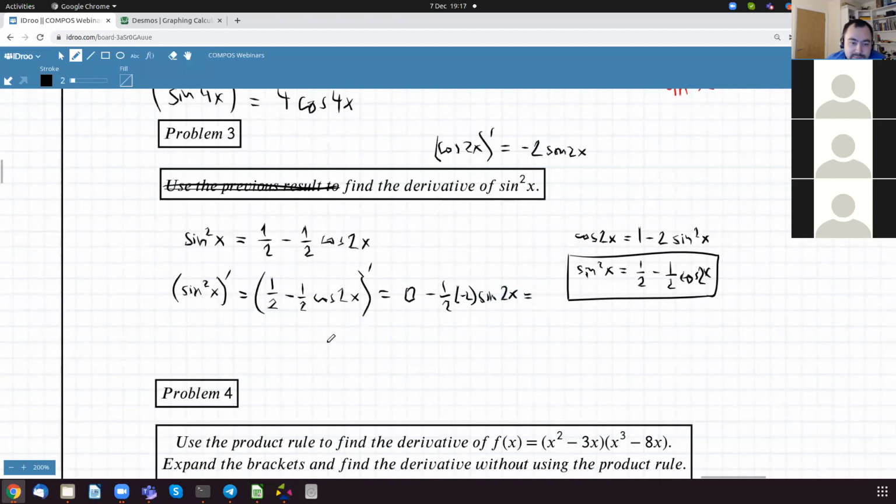We simplify. This is going to be 1, so it's going to be sine 2x. And if they ask you to put it in terms of sine and cosine, then this is what they do in the assignment. I think that's problem 1. It's going to be 2 sine x cos x. And this would be the answer.